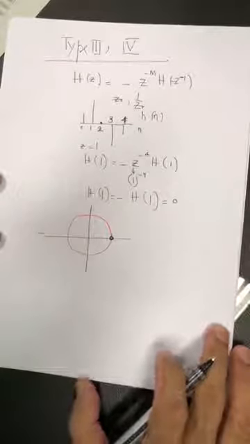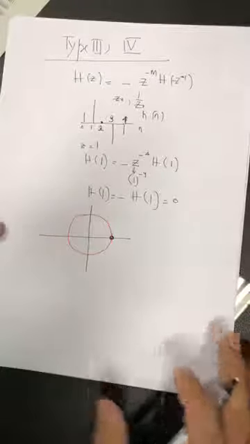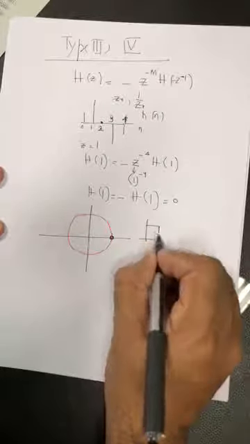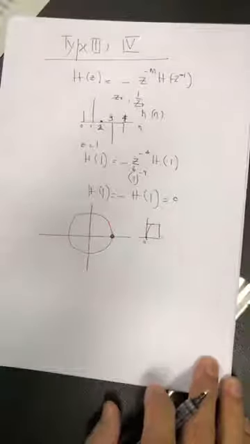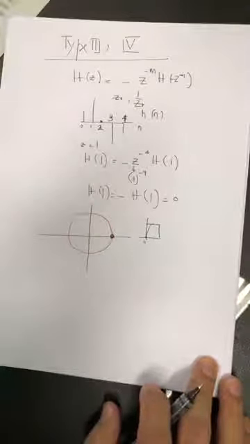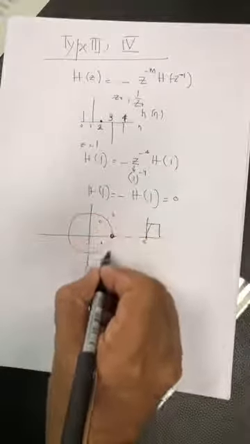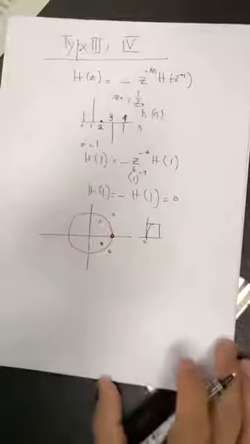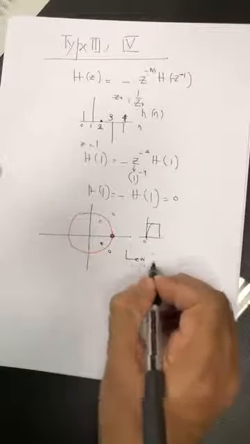Not possible, because it will not let the 0 frequency, the DC value, pass, and a low pass filter has to be like this. But it will make it jump to 0; it will not let the 0 frequency pass. The rest is the same, like occurring in type 4. So a type 3 filter cannot be low pass, not possible.